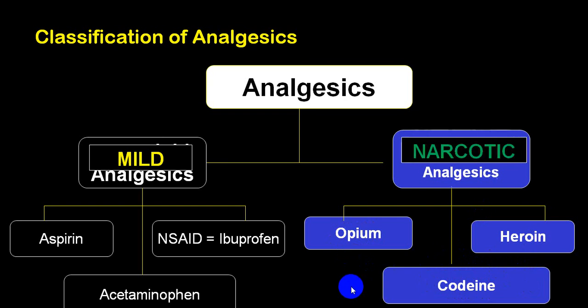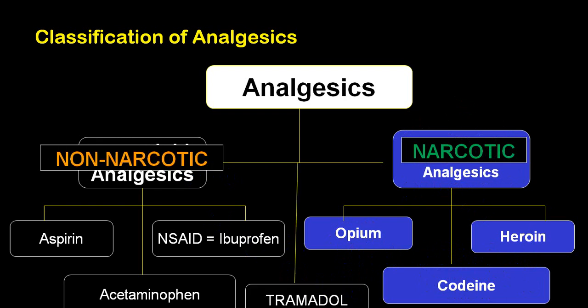And you can have another compound. These are also called narcotic, and these are also called non-narcotic. And you can have one compound which basically belongs to the opioid.